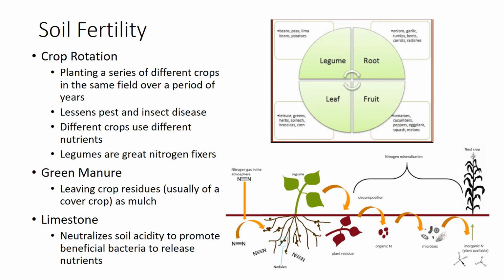And in doing that, there are so many benefits. You lessen pests and insects because, let's say, if you look at the diagram on the right, my tomatoes and my fruit plot, right, they get lots of aphids, let's say, but aphids don't really like legumes.